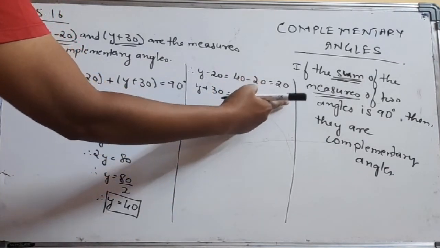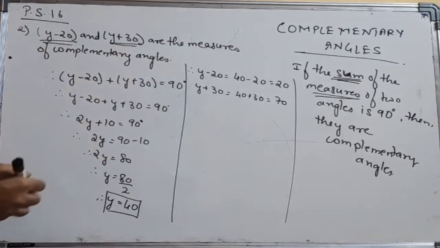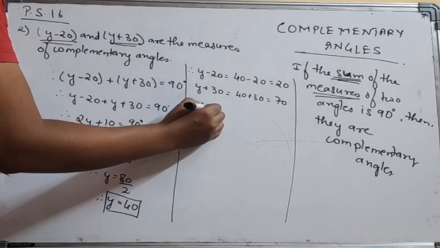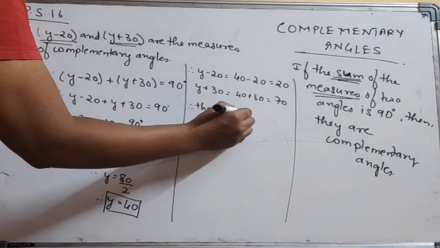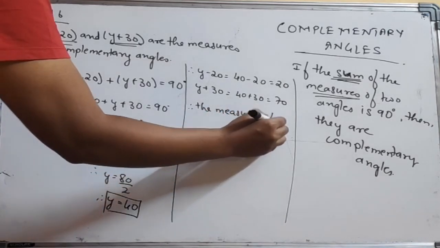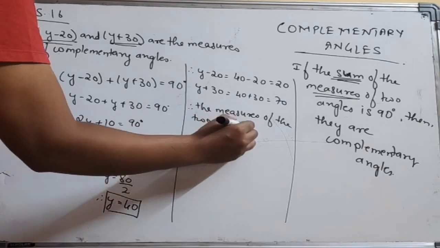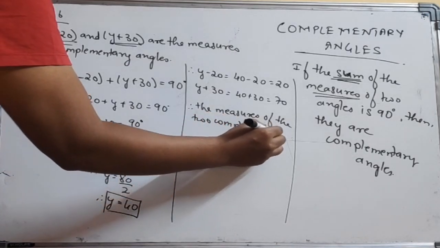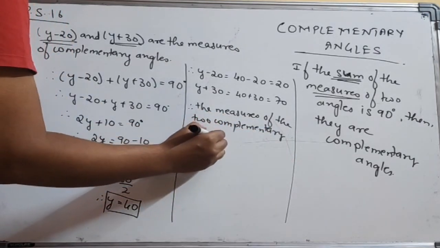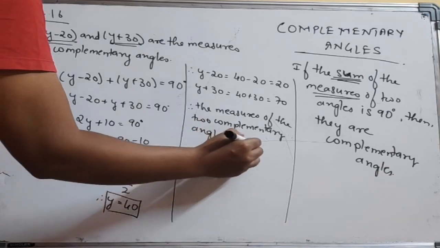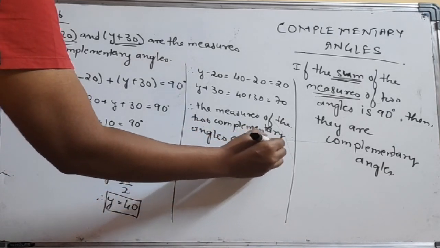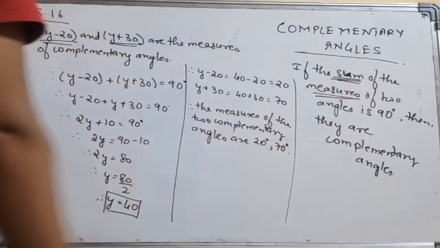See students, if I add them, the answer will be 90. So the measures of the two complementary angles are 20 degree and 70 degree.